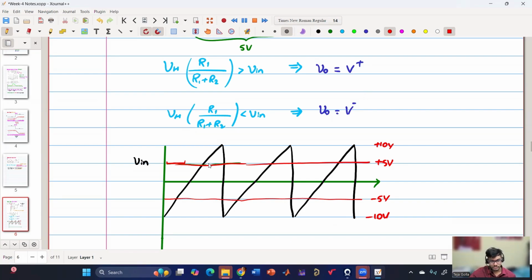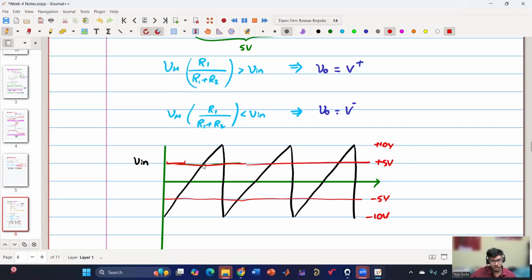So now in this region, say this is 5 volt, right? Once my V in is crossing 5 volt, then what happens? If V in is less than 5 volt, then V naught is V plus. But if my V in is more than 5 volt, then again it is becoming negative.